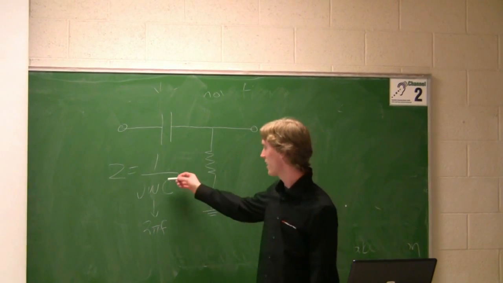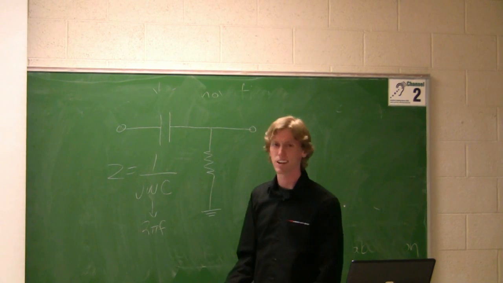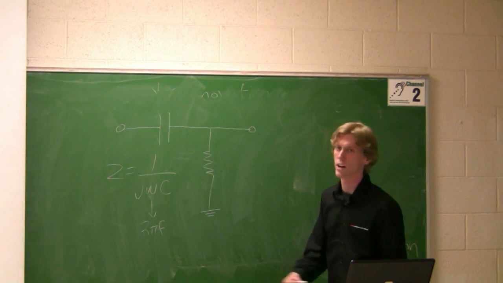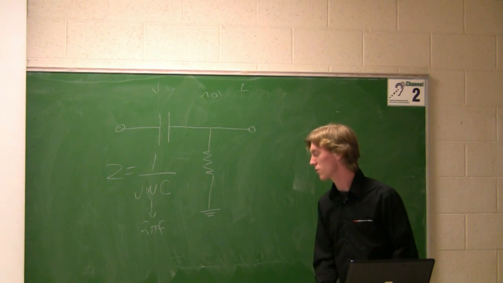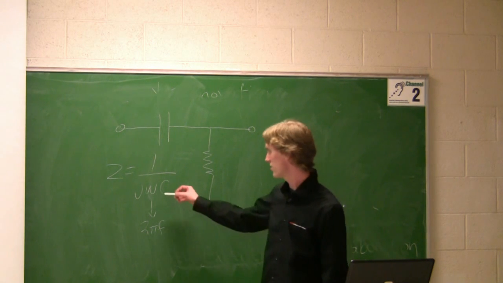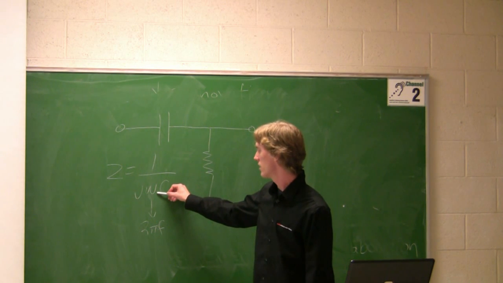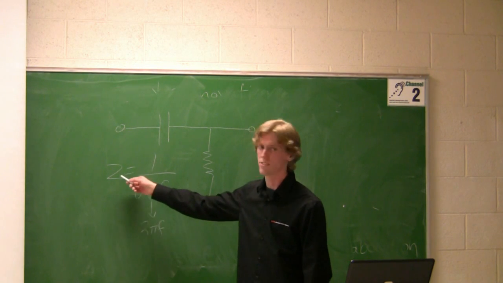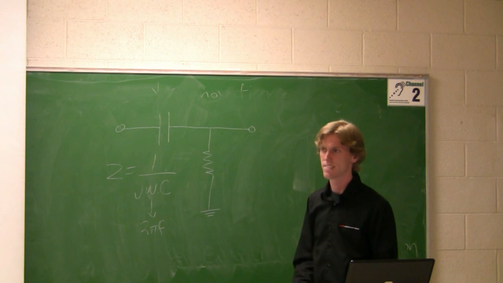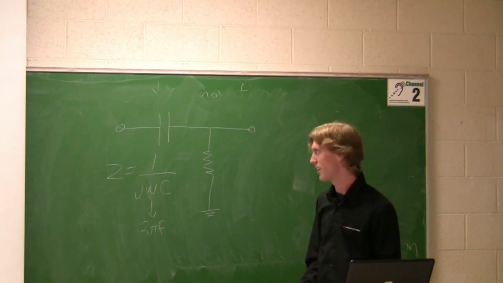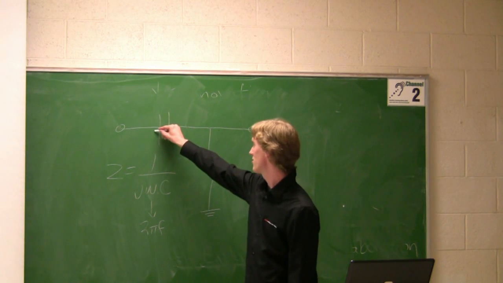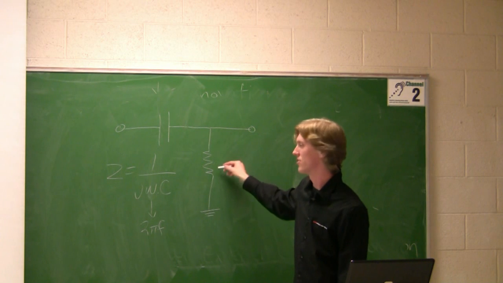The capacitor, on the other hand, changes significantly as you go up or down in frequency. If you just look at 2 points, say omega is very, very small, what is Z? Very, very big, right? So you have a really high impedance, and then you have a relatively low resistance.